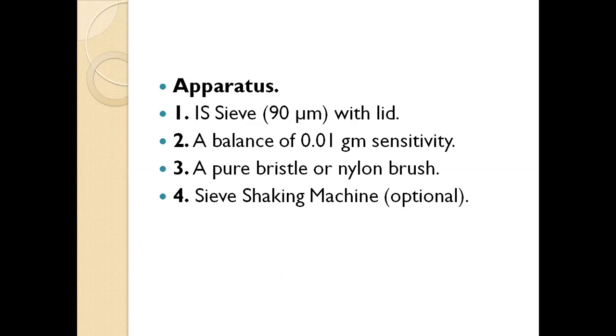We use the brush to remove some particles which are stuck in the sieve. Next is a sieve shaking machine. Optional, if it is available, then we can use the sieve shaking machine. Otherwise, we can do it manually.